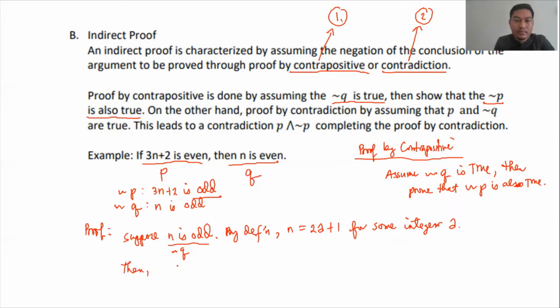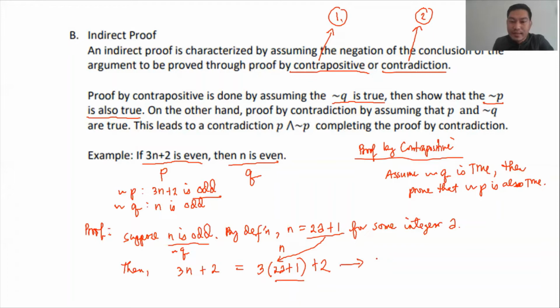Then 3n plus 2 is equal to 3 times n, and our n is just equal to 2a plus 1, so we put here 3 times (2a plus 1) plus 2. We substitute the n with what we had, the 2a plus 1.